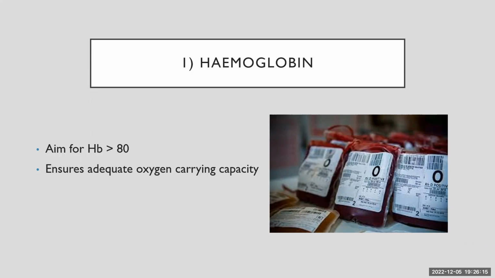And typically in the intensive care environment now, the threshold for considering transfusing is a hemoglobin of less than 80. So if you find the situation where the patient has a reduced hemoglobin, it is very reasonable then to transfuse in order to optimize that oxygen carrying capacity. And that's the easiest thing to consider.